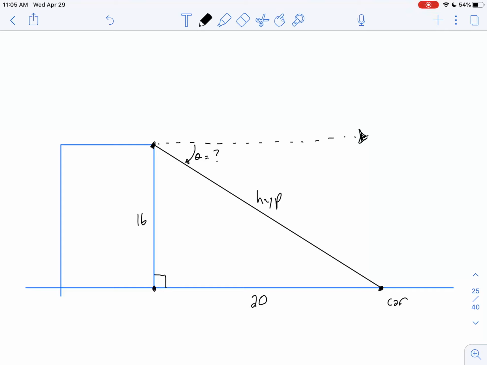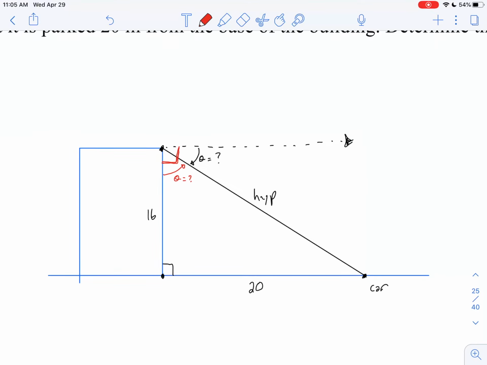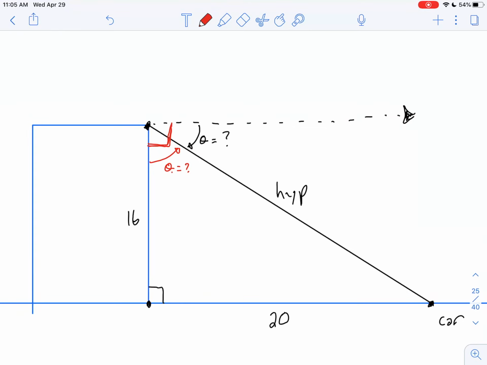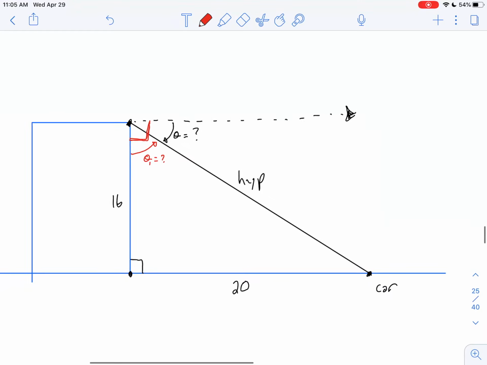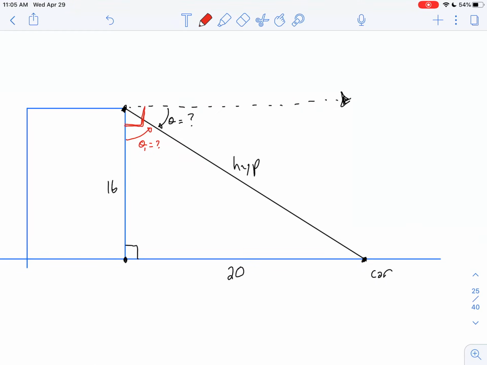We could draw that, replicate that triangle upwards, but I know if I know this measurement right here, let's go in a different color here, that this whole thing will be 90 degrees. So if I simply find out theta, let's call this theta 1 in red, I can just do 90 degrees, subtract the other one, and I will get that measurement.